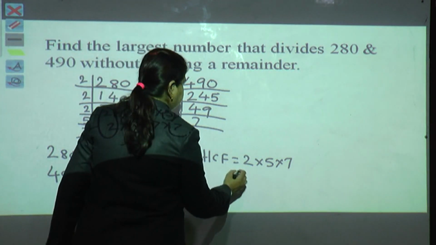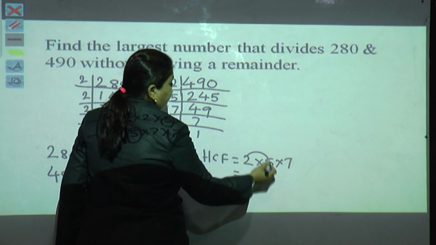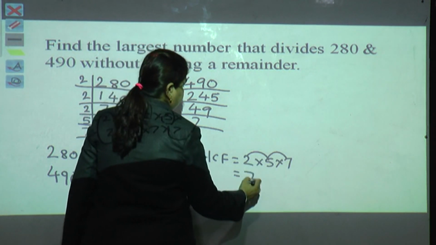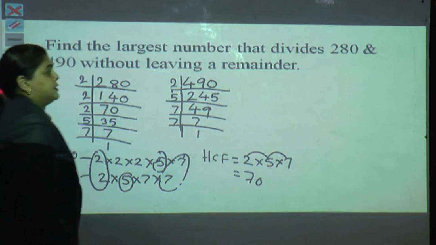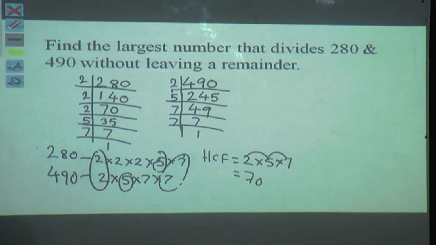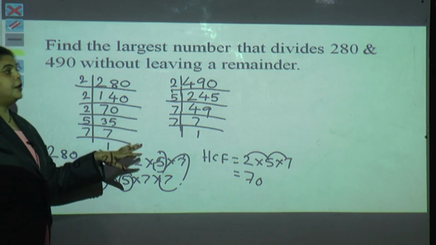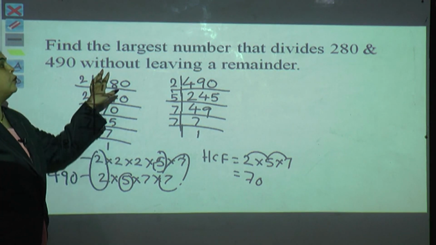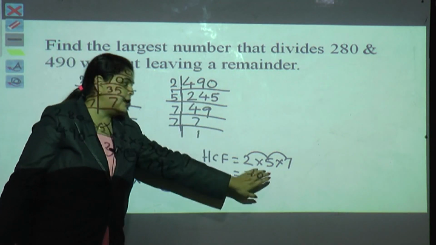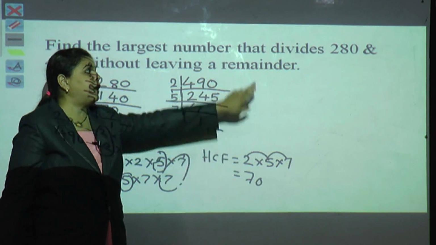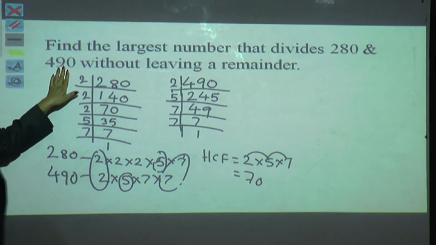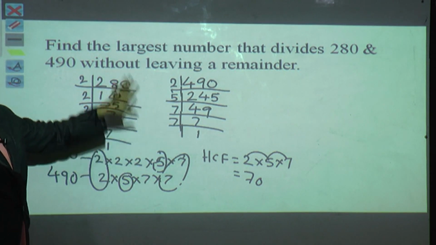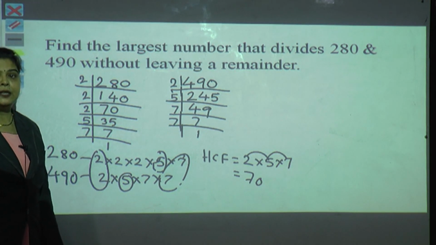So what will it be? 2 5s are 10, 10 7s are 70. 70 can divide 280 as well as 490 without leaving a remainder. This is the number which divides 280 as well as 490 without leaving a remainder, meaning after the division you will get 0.